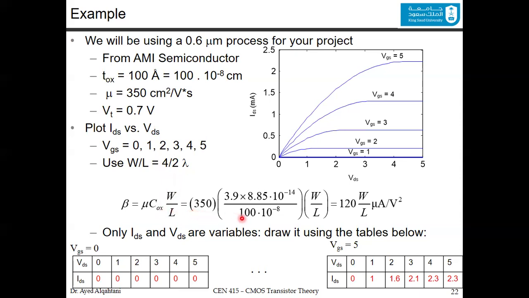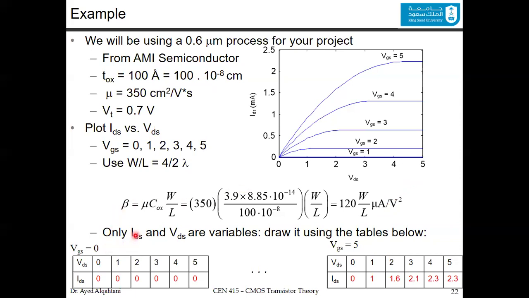You can apply these values and you will find that the beta is 120 multiplied by W over L, or multiplied by 2, so it's 240 microampere divided by volt squared.